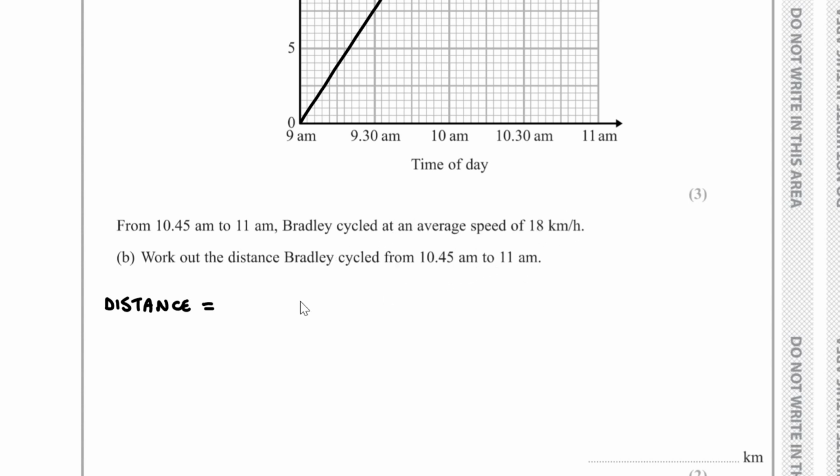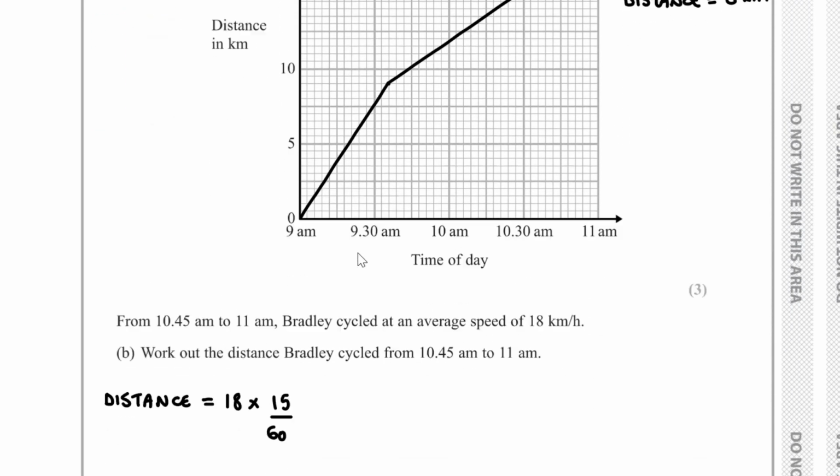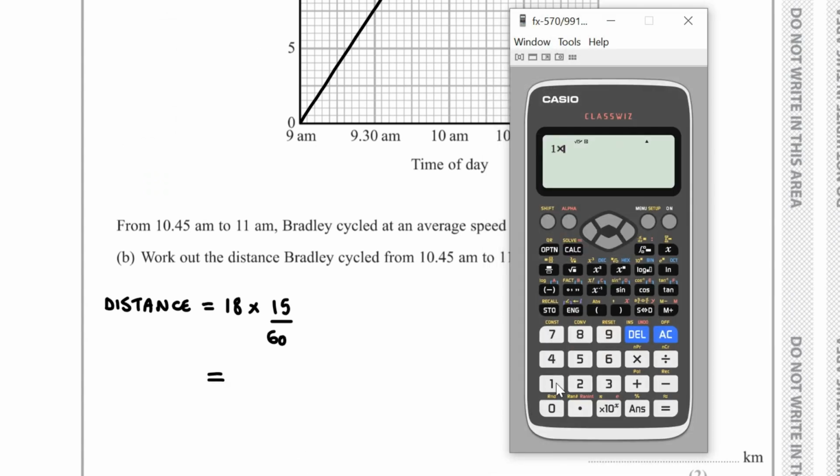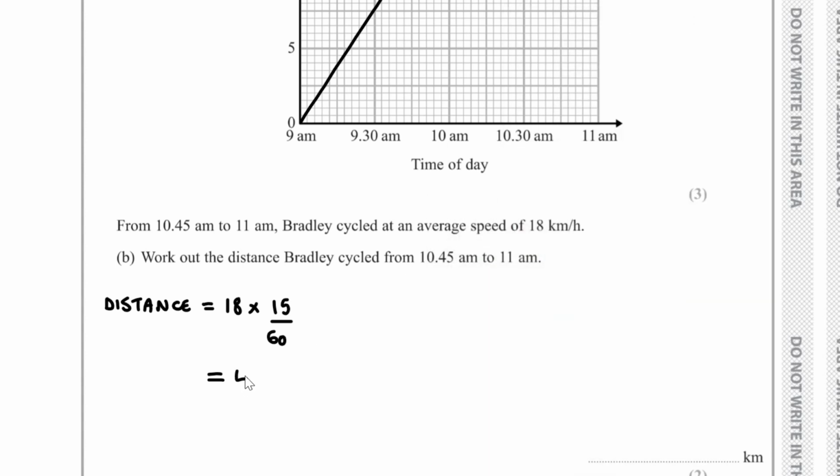So the speed here is 18 kilometers per hour, and then the time, well, 10:45 to 11, that's 15 minutes, and then we divide this by 60, as we saw here, to convert it into hours to make sure the units are consistent. So if we work this out, 18 times 15 over 60, this is 9/2, in other words, 4.5 kilometers. So here we've got 4.5 kilometers.